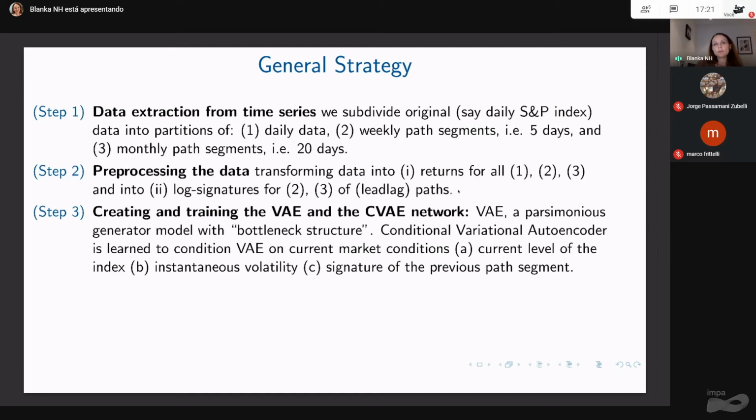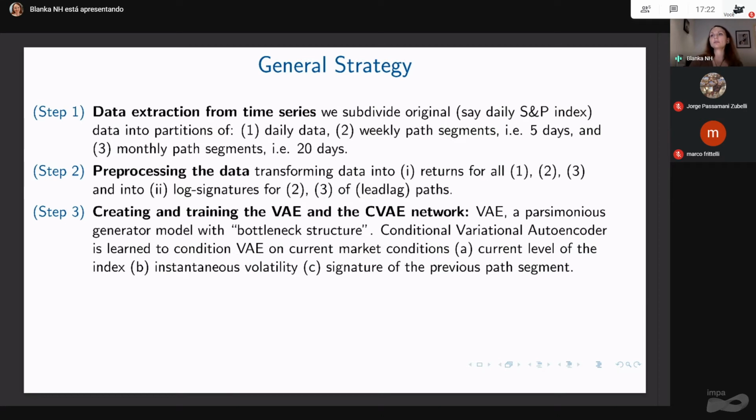Right, and then step 3 is the actual part when this generative model comes into play, where we're feeding this pre-processed data into a generative model, in our case, into this variational autoencoder. And as I mentioned before, we want to account, as much as possible, for the fact that financial time series are non-stationary.